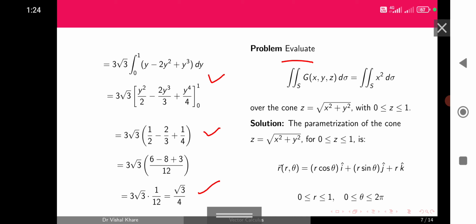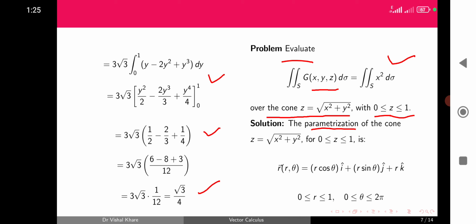Next example: evaluate double integration g(x,y,z) d sigma equal to double integration x squared d sigma over the cone z equal to root of x squared plus y squared, where z lies between 0 and 1.